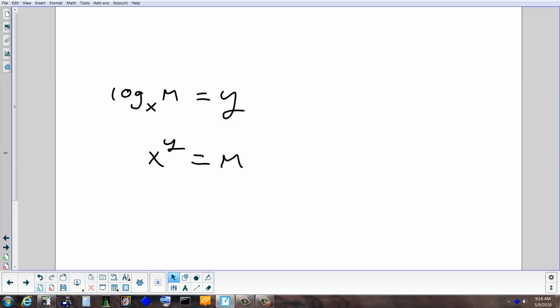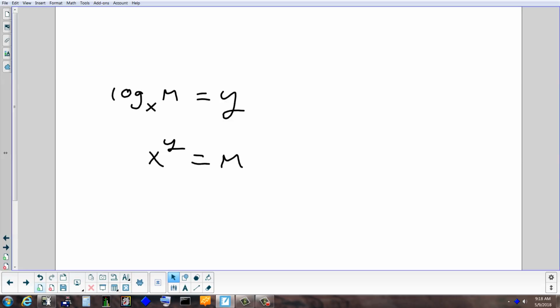And then I did something on both sides. Does anybody remember what I did on both sides at this step that allowed me to put this y in front? I can't put the y in front unless I have something there. Remember? Yep. A log.